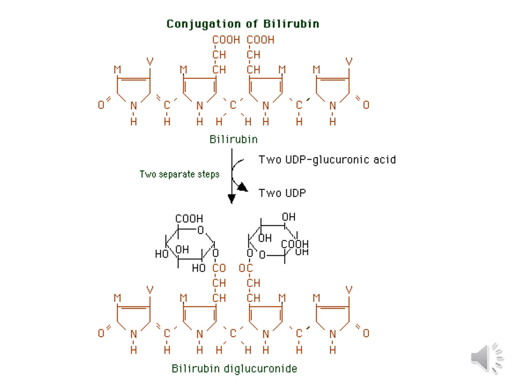You can see the conjugation of bilirubin. As I told before, the conjugation of bilirubin is most important to convert bilirubin to a more soluble, non-toxic form. So bilirubin is converted to bilirubin glucuronide with 2 molecules of glucuronic acid.